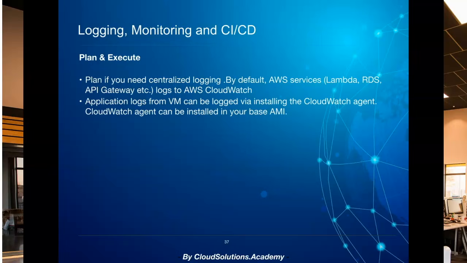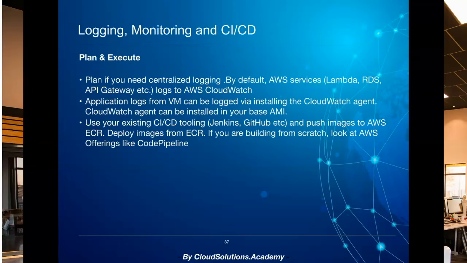In terms of tooling, if you're already using tools like Jenkins to build and deploy applications, you may continue to use it and modify the pipeline to use the AWS CLI for deployment to the required AWS environment. And if you are building your continuous deployment processes from scratch, you could use tools like AWS CodePipeline to manage your continuous deployment processes.